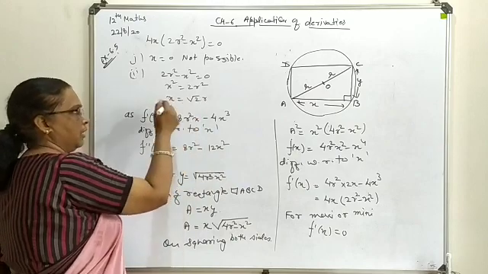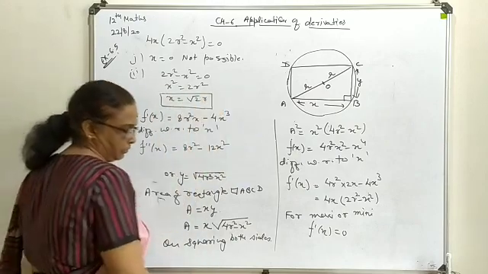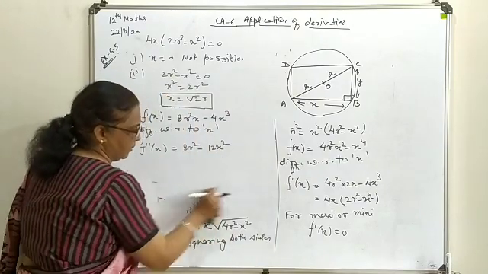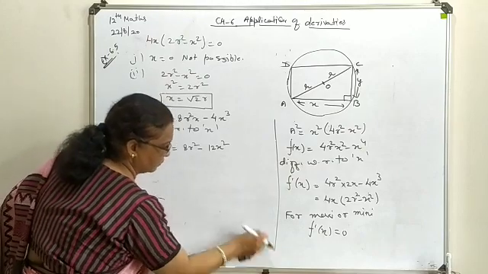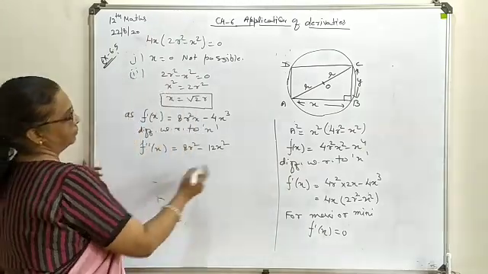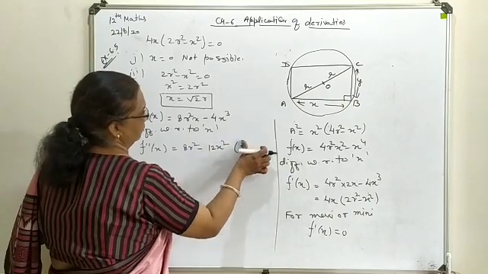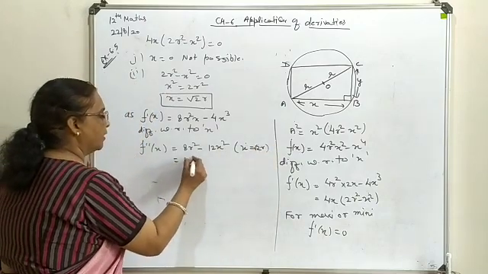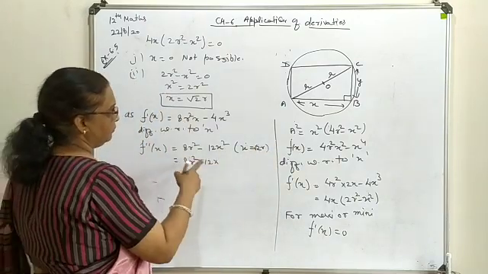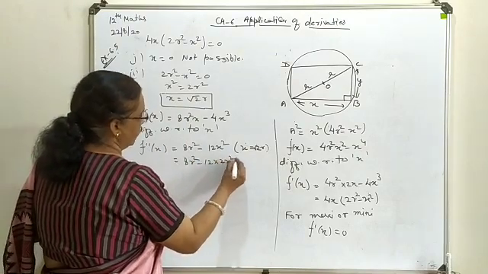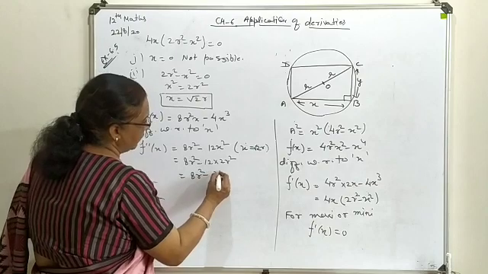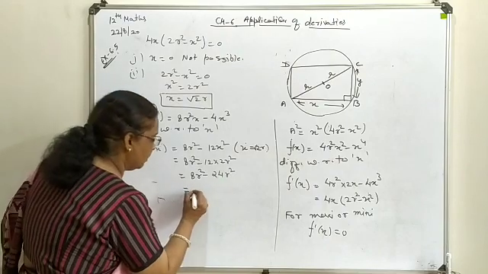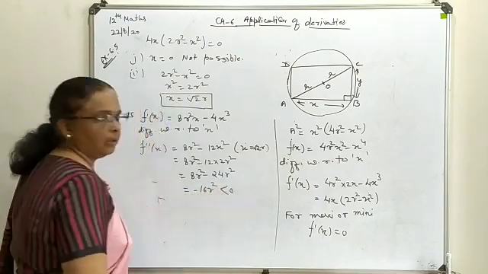Now x is to be substituted here as root 2r, or x square you will write as 2r square. Substitute here: 8r square minus 12 times 2r square, means 8r square minus 24r square. So here what will you have? Minus 16r square, which is a negative quantity.